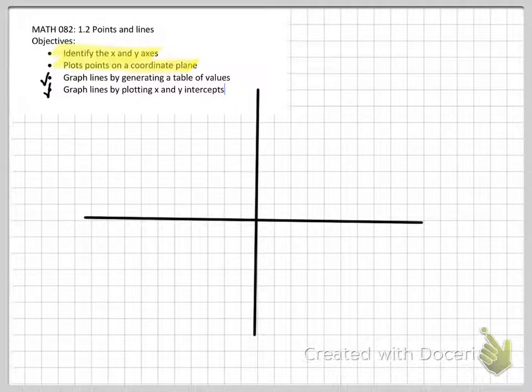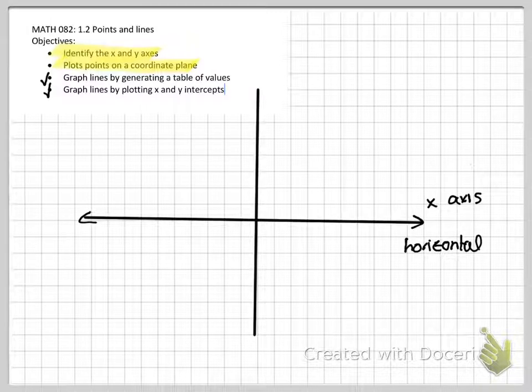So let's start by identifying the axes. You may remember that this is the x-axis, okay, and it is also called the horizontal axis. And if you forget horizontal or vertical, one way to remember it is to think about the horizon, right? The horizon is the line between the sky and the earth, if you will.